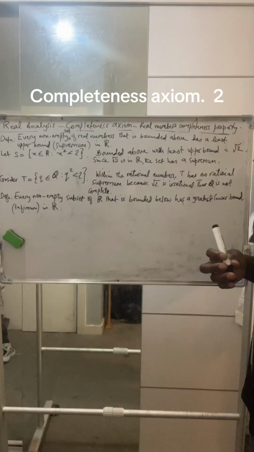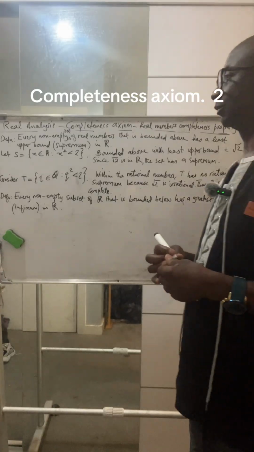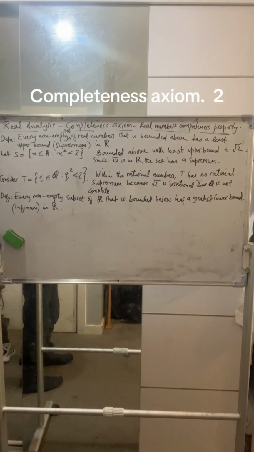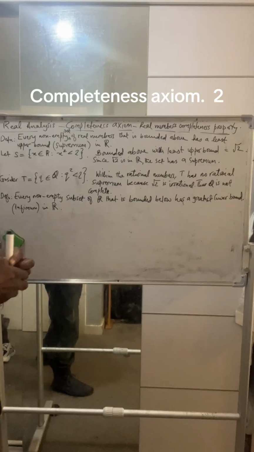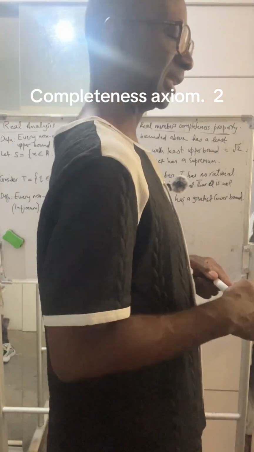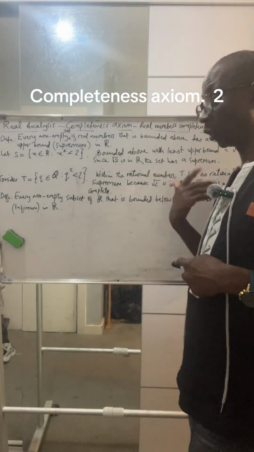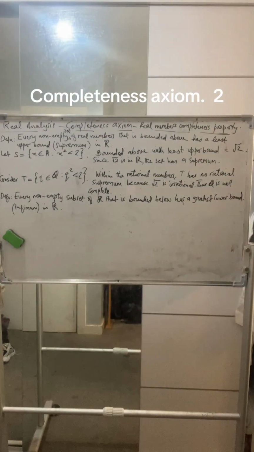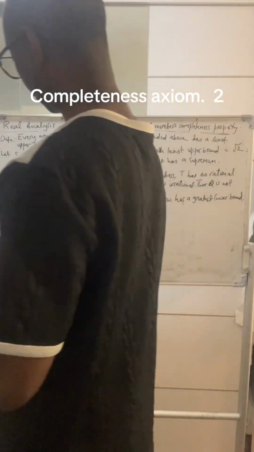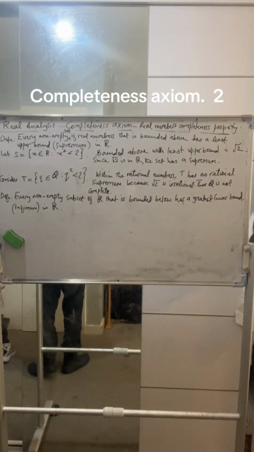And in due time, we shall explain the applications and importance of this completeness axiom as we go along. As I stated earlier on, we want to start from the basics, the elementary stuff.